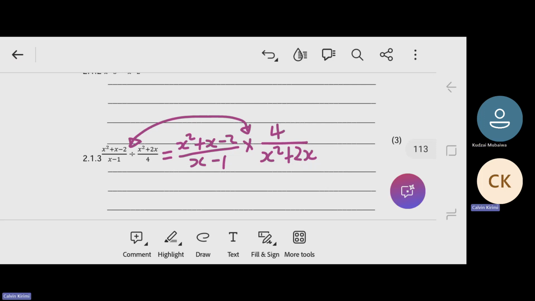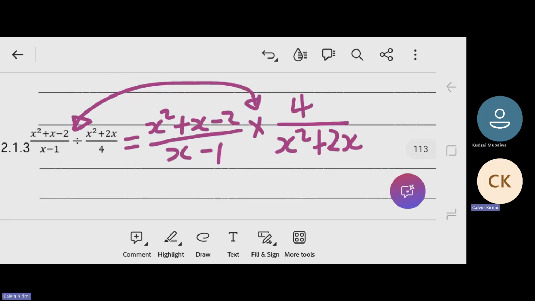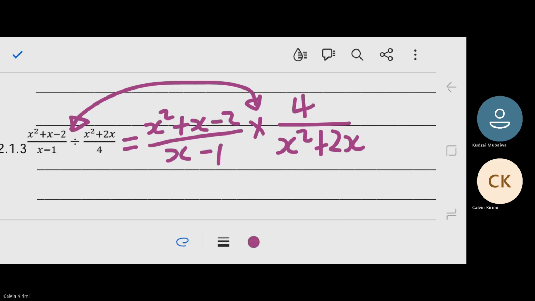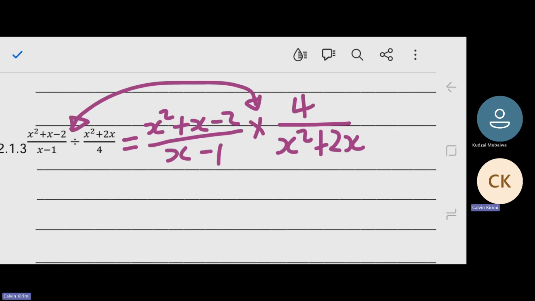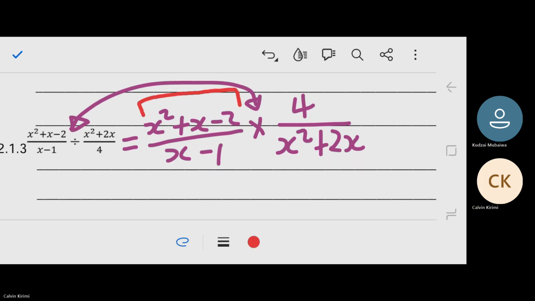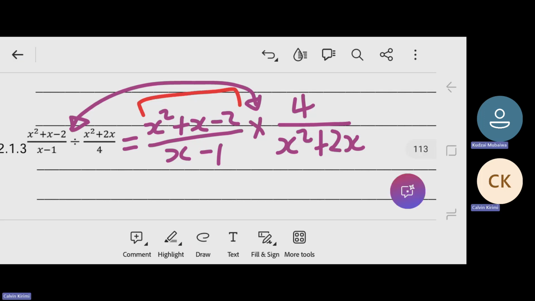Then I want you to factorize this one. If you have mastered factorization, factorize using the method I told you. You do your combination for x squared, x and x.